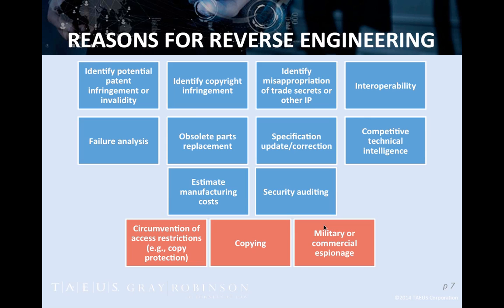Failure analysis, obsolete parts replacement, and specification update and correction kind of go together. This is done when you might have to debug a piece of code that is broken, get code reconverted from an older language to a newer language for updating purposes, or if your programmer has left the company and he didn't adequately document the code, it may be necessary to reverse engineer the code to figure out how it works so that you can document it appropriately.